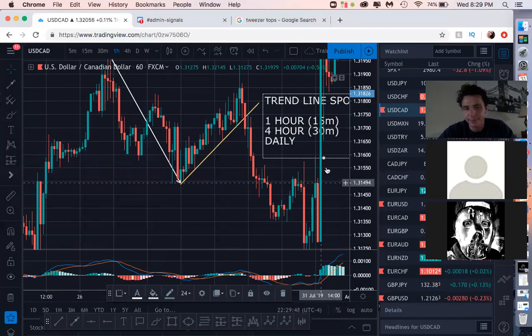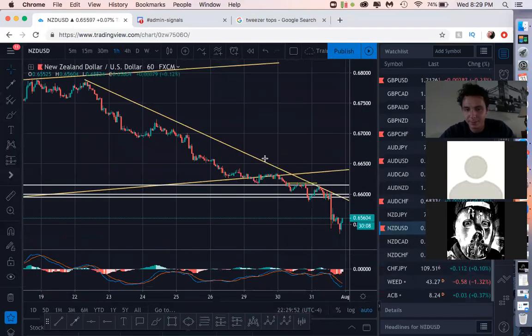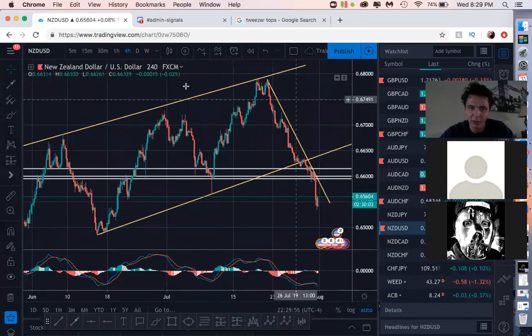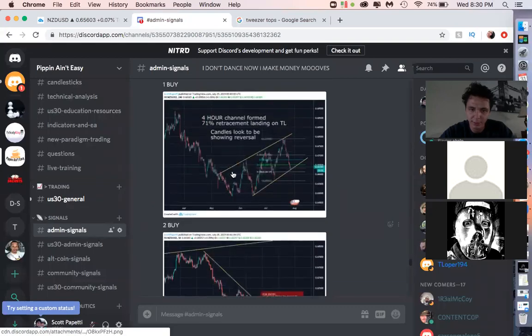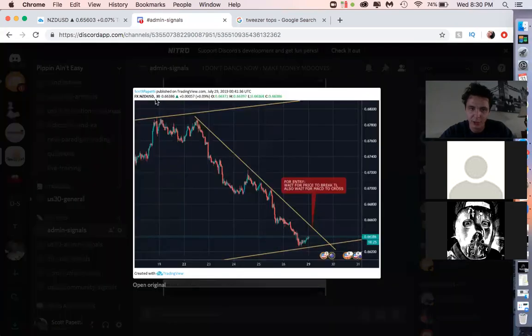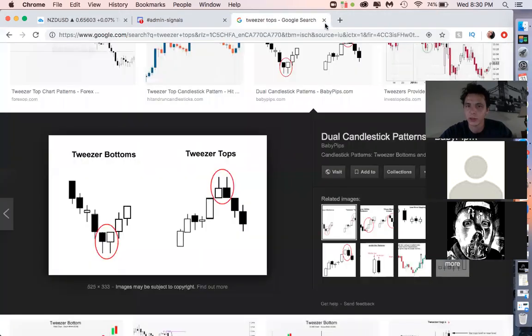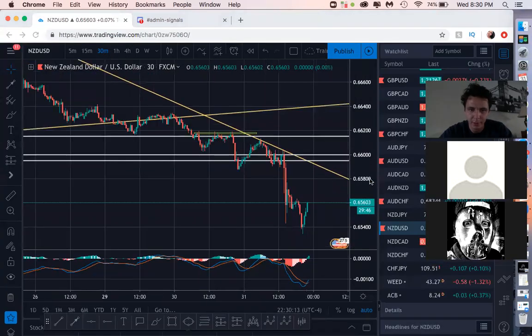I even used this for NZD USD. It was a 4 hour channel, so I was looking at the 30-minute. My charts are on the 30-minute looking for this break. So that's how I see these trend lines and how I drop down for my entries.